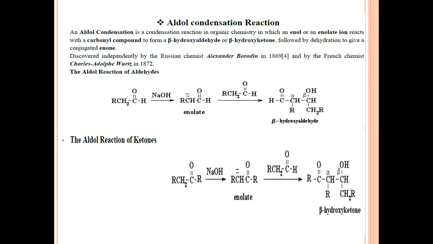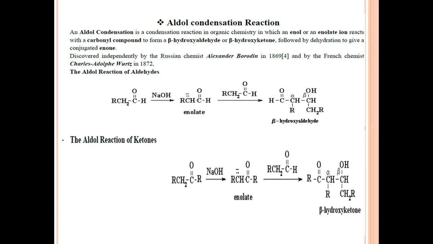So this is an ion which is formed when any carbonyl compound reacts with either an acid or a base. When this enol or enolate ion reacts with a carbonyl compound, it is going to form beta hydroxyaldehyde or beta hydroxyketone. This is followed by dehydration. So how is the beta hydroxyaldehyde or beta hydroxyketone formed?